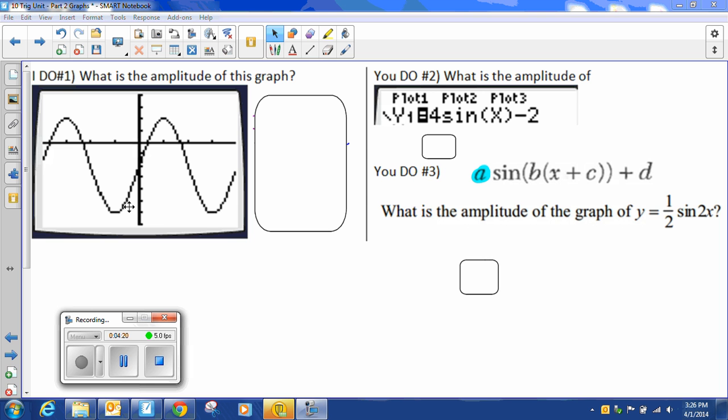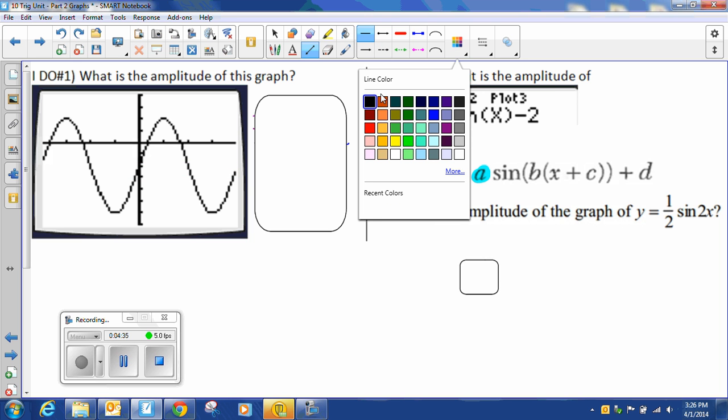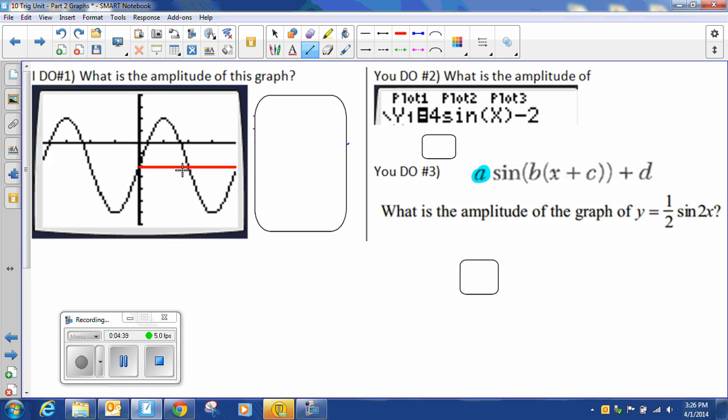So what is the amplitude of this graph? So looking at this, let's go ahead and draw this line out. The midline happens right about here.